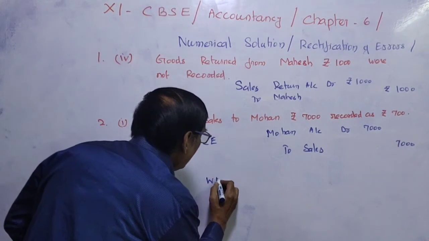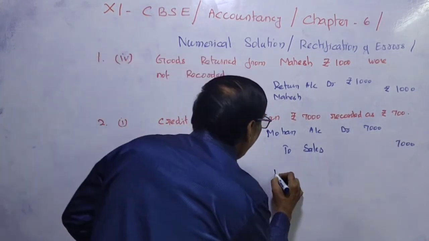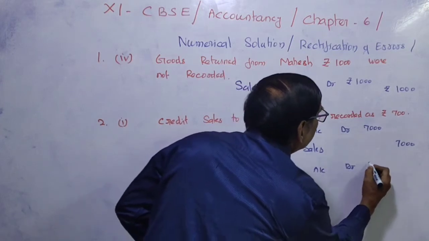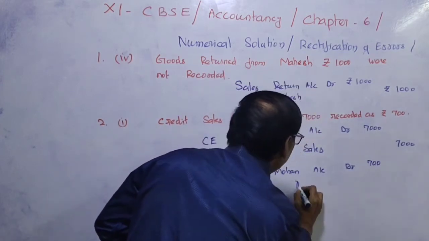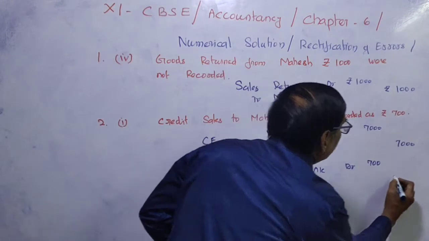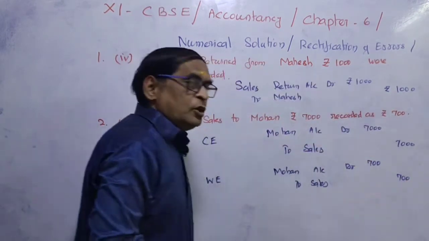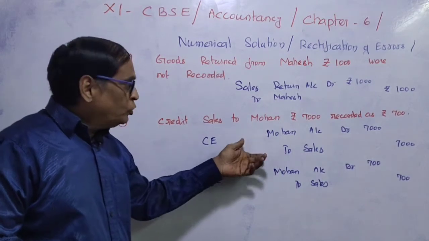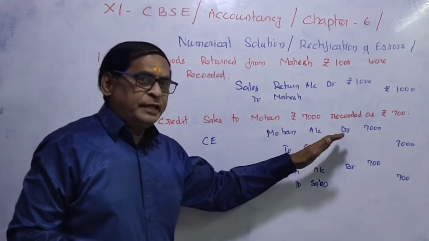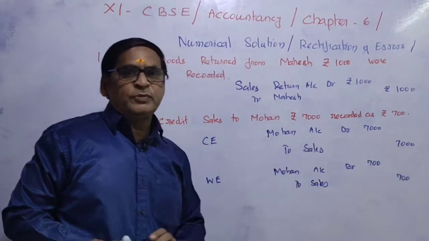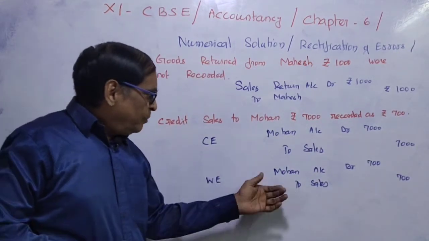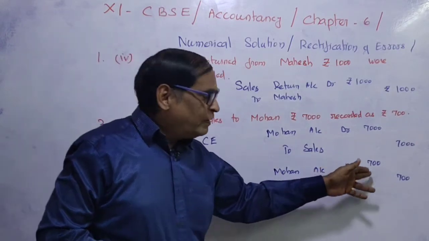The wrong entry they have committed is Mohan account debit 700 rupees to sales, 700 rupees. Actually, the Mohan account and sales account should be debited and credited 7,000 rupees respectively. Instead, they have debited and credited 700 rupees.